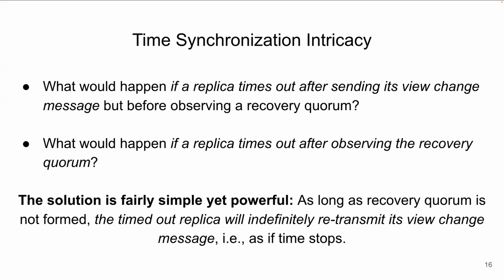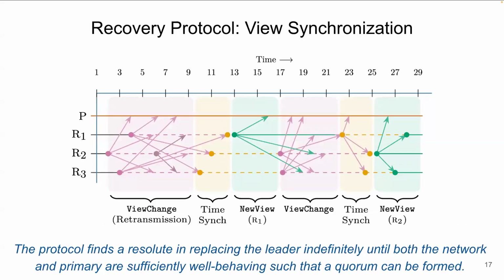Questions? All right. And so this is what we talked about last time too, that it's possible that we initiate our view change, and this one was the first one who initiated view change.